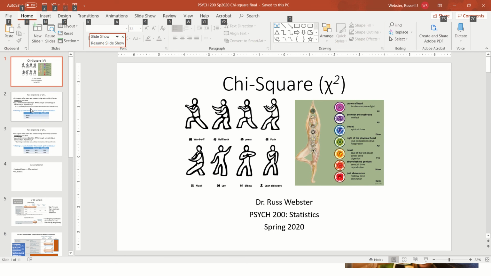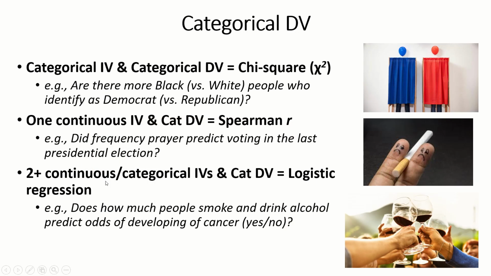You should know when to use a chi-square, but you are not expected to know how to interpret output from SPSS. This is just for your information. If you run into a chi-square analysis or you have to do a chi-square in the future, then you can use this PowerPoint as a reference. Again, you're not expected to interpret SPSS output of a chi-square, but it's just here for your information.